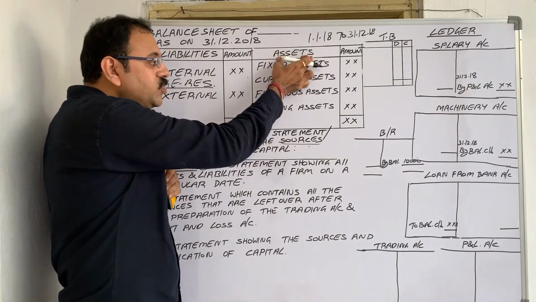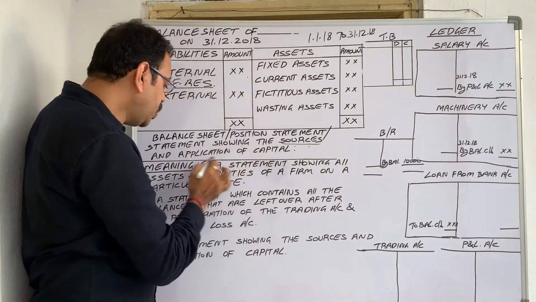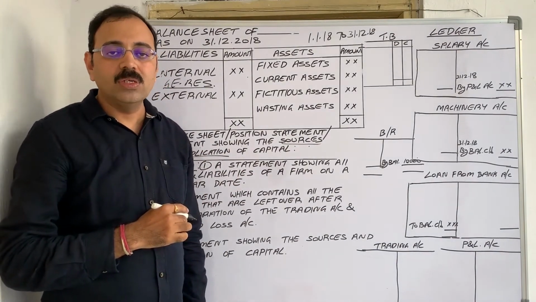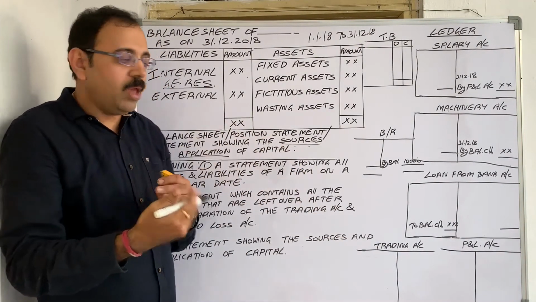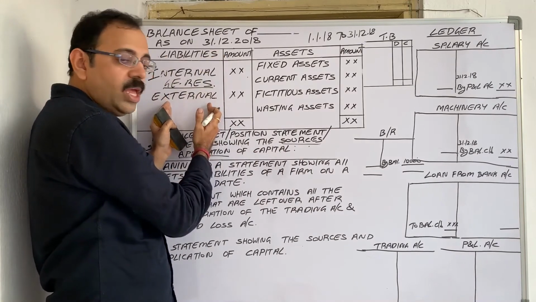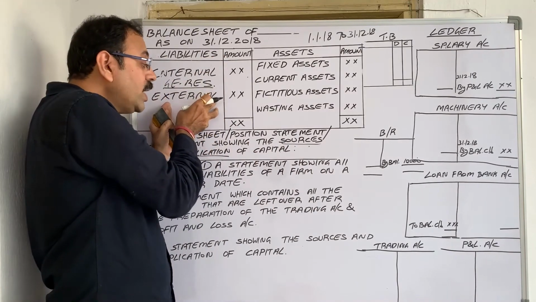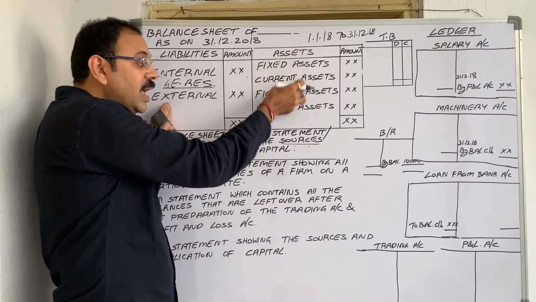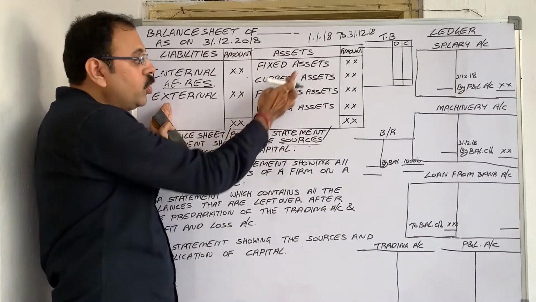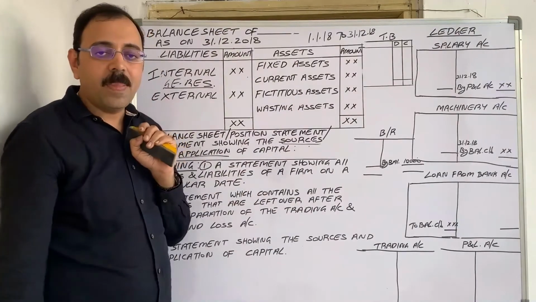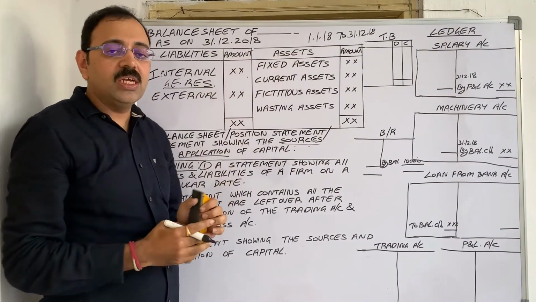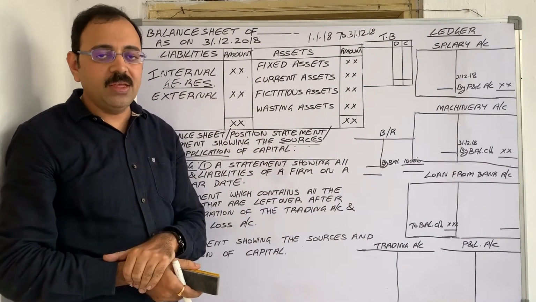And asset means what? Application of this sources amount. How capital came, on left side we are showing, and how that capital is utilized on various assets we are showing on asset side. So from that capital amount, say we purchased 50,000 worth machinery.